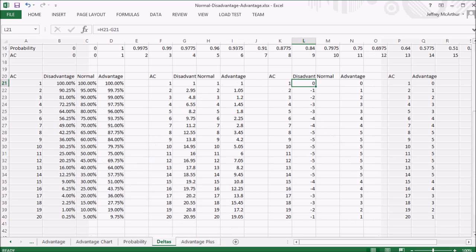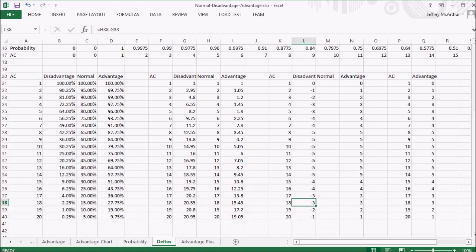So if we get back to this delta here, we see that if it's an armor class 12, we either add or subtract 5, depending upon if it's advantage or disadvantage. If it's armor class 18, we either add or subtract 3.